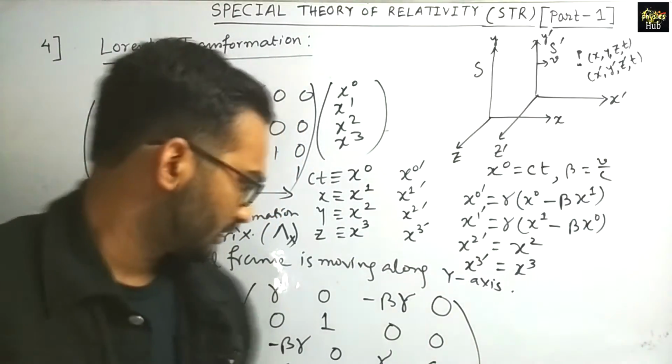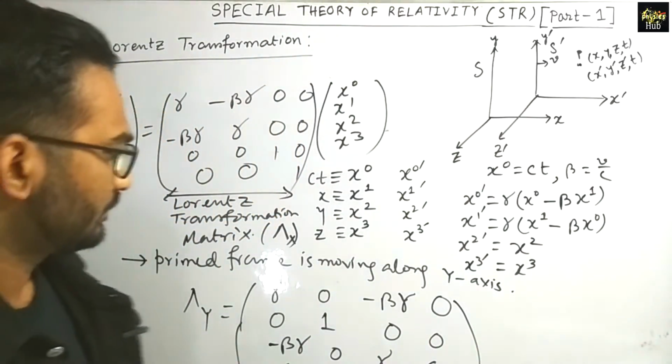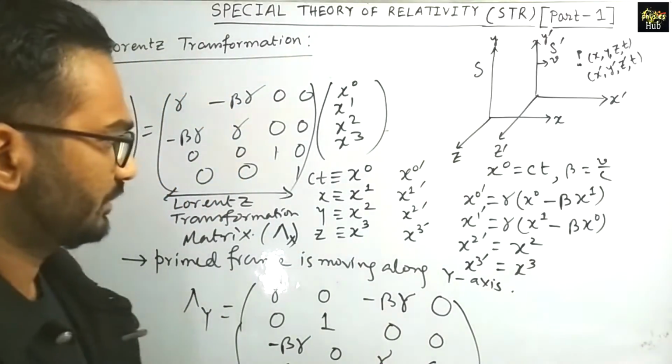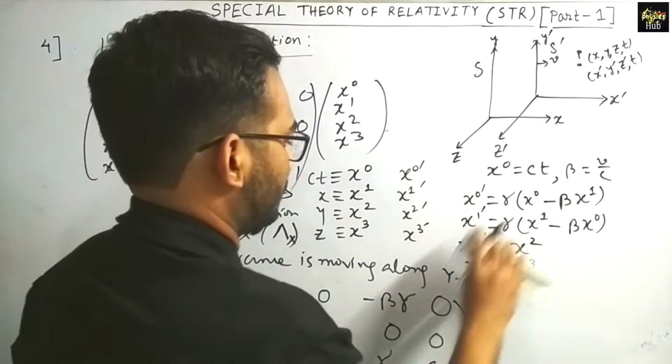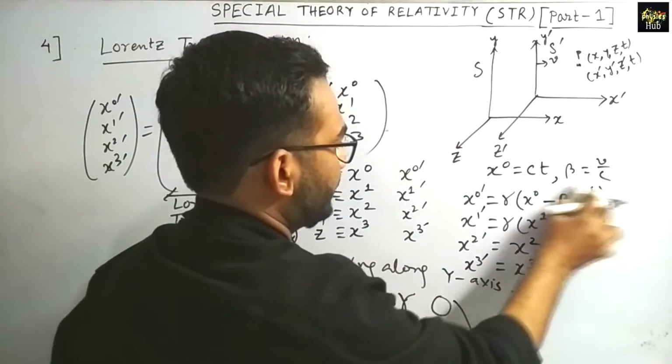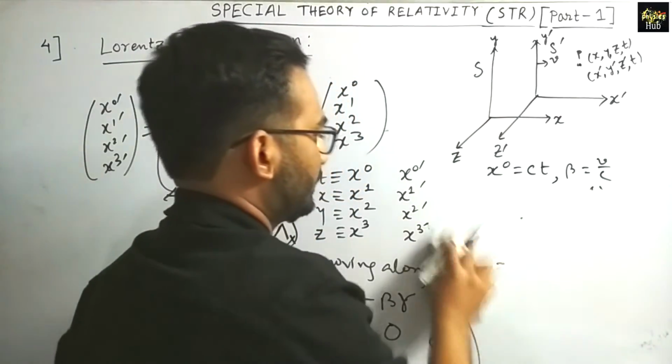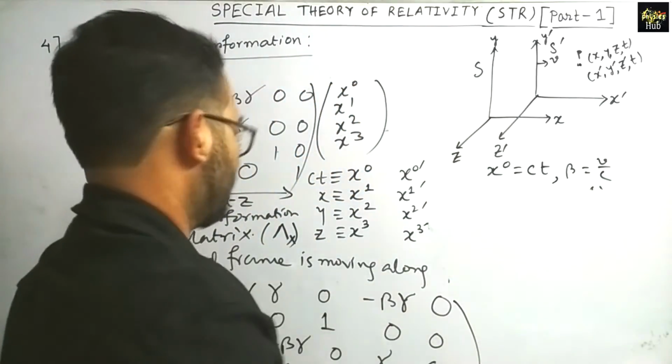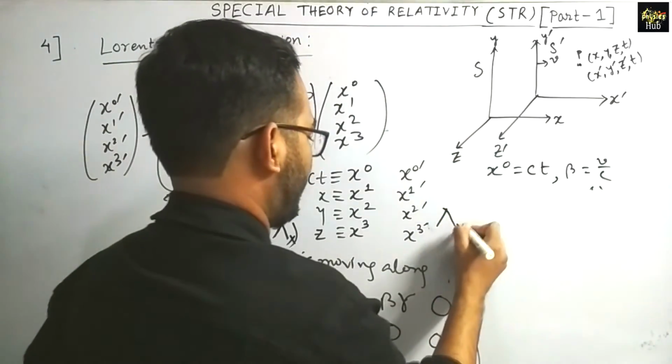Maybe it is not visible from the board, so I am writing it here. The Lorentz transformation matrix, when the prime frame is moving along the y-axis, is given by gamma y.